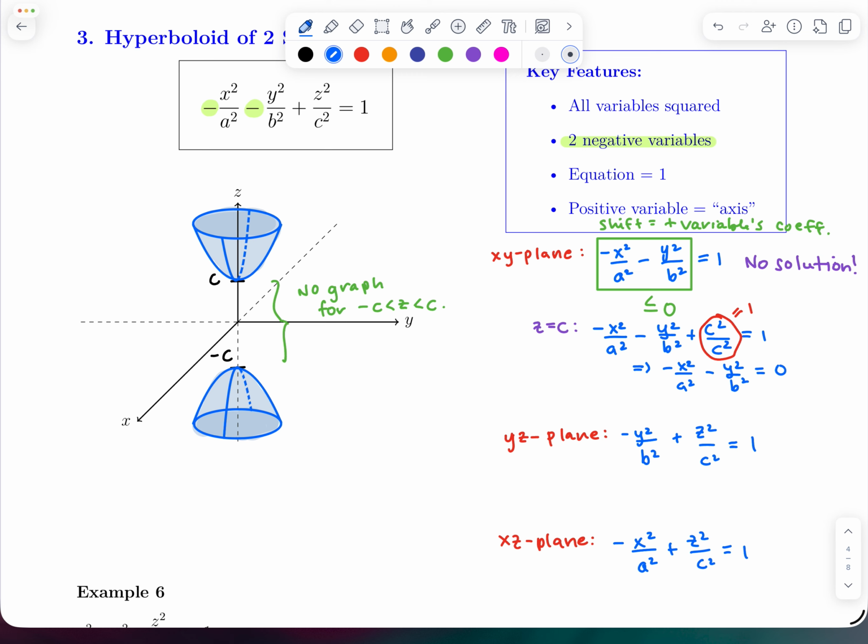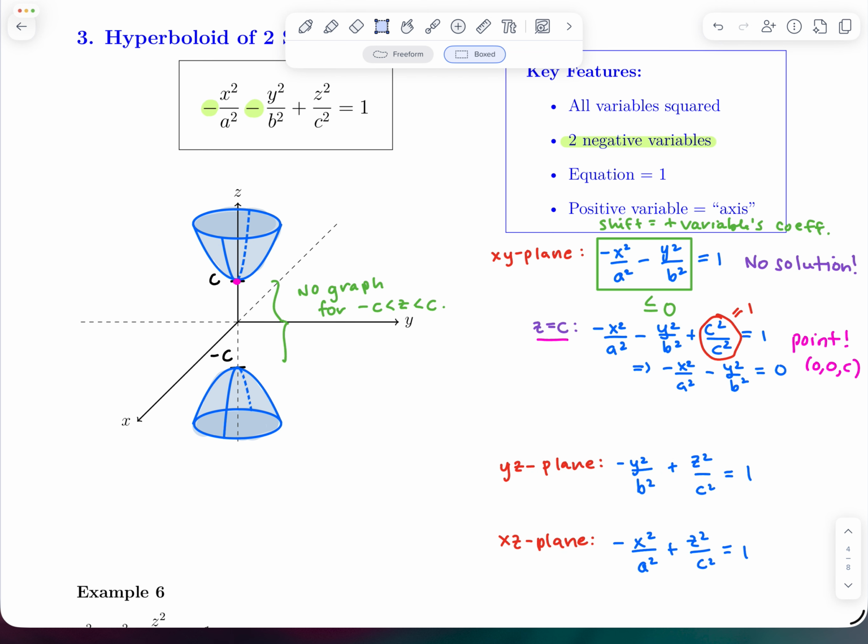The solution to that is when x and y are both 0. And so what we get is an actual, just a single point, and that single point that we get is that vertex of the hyperboloid of that top sheet at z equals c. And so here we're getting a point, and the point has coordinates 0, 0, c. The reason we know that the z coordinate is c is because we fixed it.